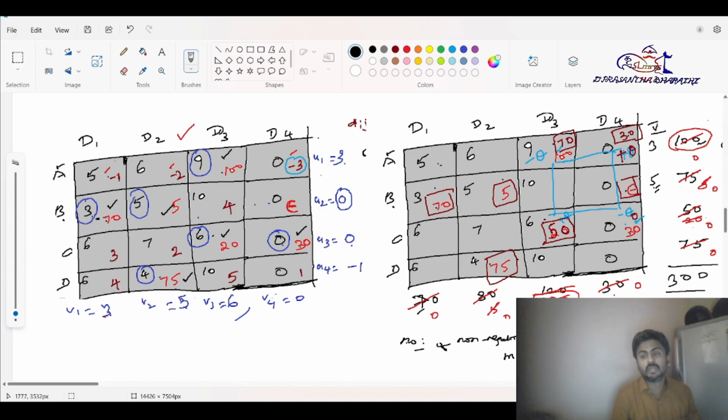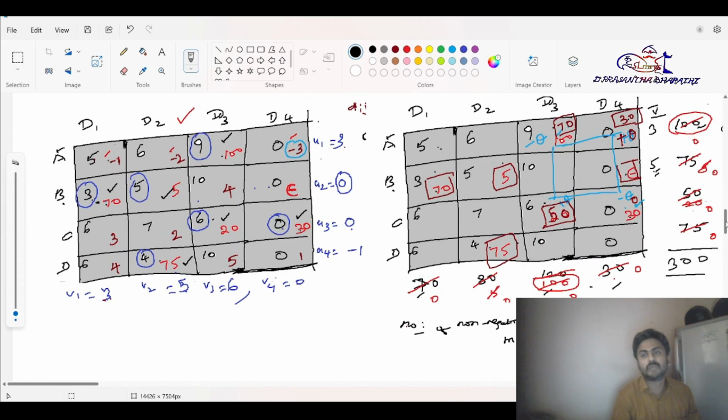The current solution you can write as feasible and non-degenerate. Okay, it is a non-degenerate basic feasible solution. Now you can find a cost.